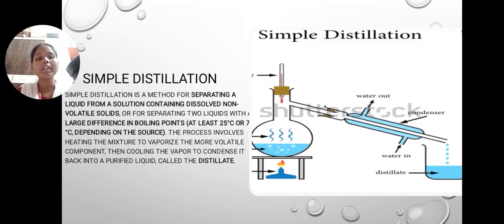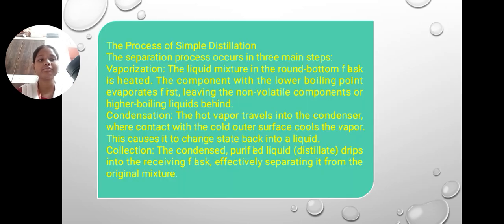When the liquid mixture in this round bottom flask is heated, the higher boiling point component stays in the same round bottom flask, and the component with the low boiling point gets evaporated and passes through the condenser.